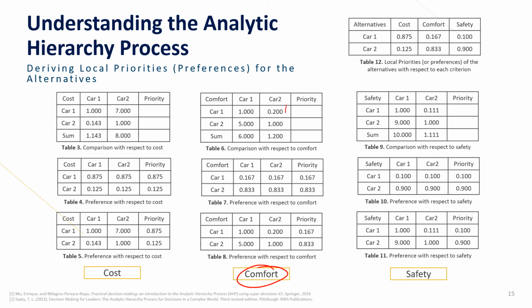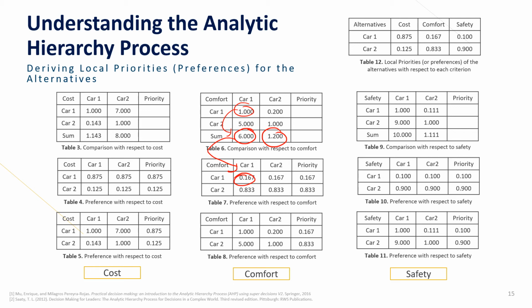So this one is 1 divided by 5, this one is 5. And then you need to calculate the normalized value of this one. So you sum this one, 1 plus 5, 6, 0.2 plus 1, 1.2, and then you divide this by this, equal to this one.